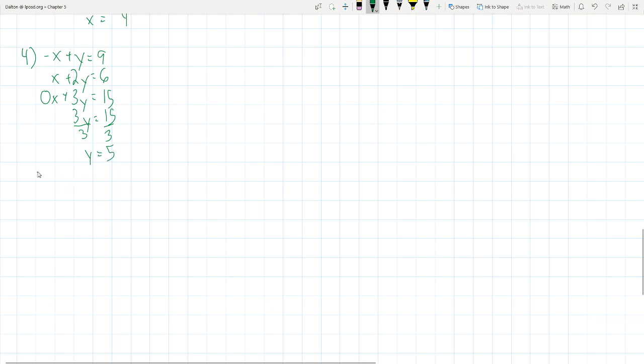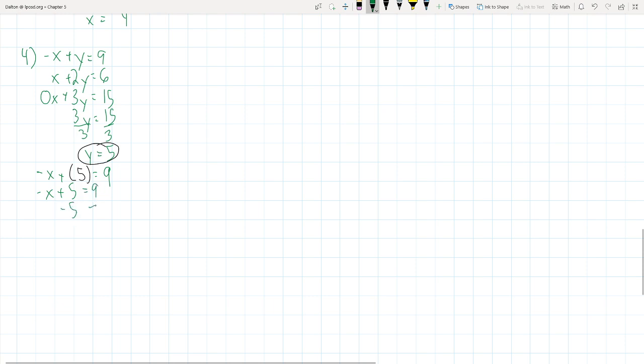Plug that into one of the equations. So let's say negative x plus 5 equals 9.